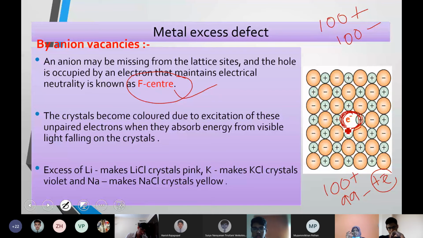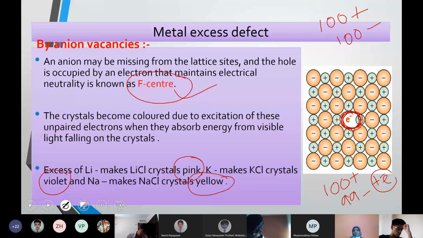And if the energy taken for the excitation falls in the visible region of light, then it will produce some color in the crystal. That is the reason when you add excess lithium, the chloride crystal becomes pink in color, potassium makes it violet, and sodium makes the crystal yellow in color.